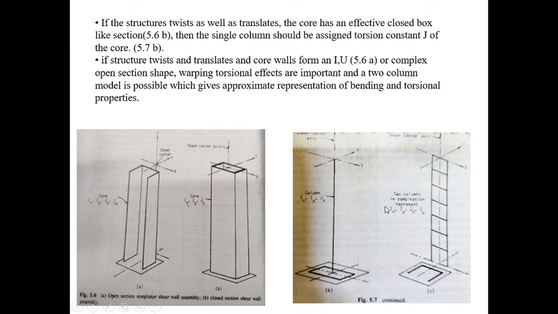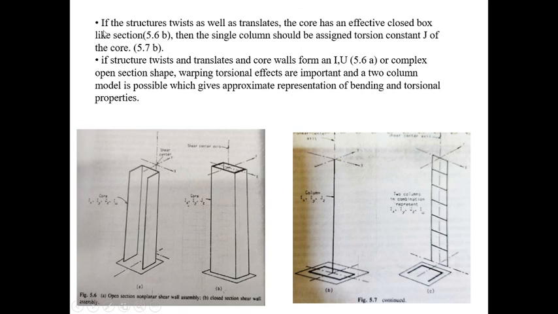So we include another constant we have to represent here, the torsion constant, that is Jz. You can see here Jz is there, Ix, Iy, that is the second moments of area, and Jz, the torsion constant. G also should be considered. When do we consider it? When the structure is twisting as well as translating.